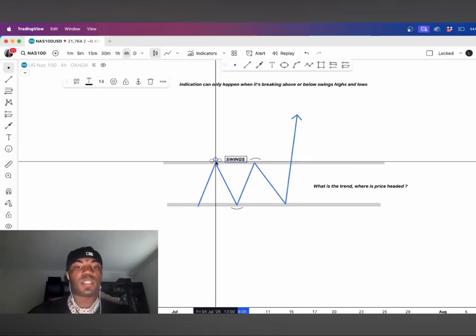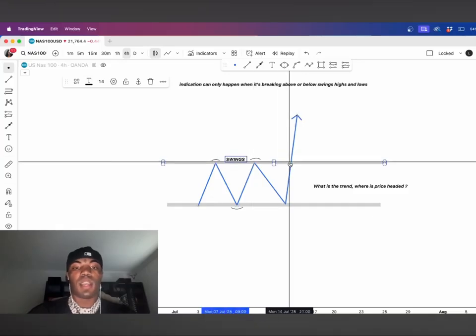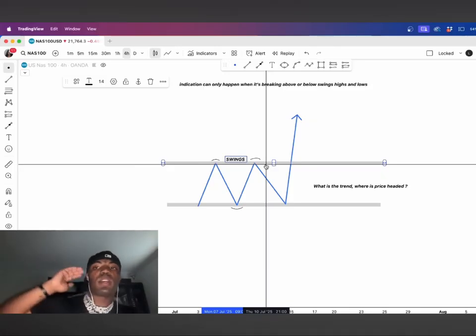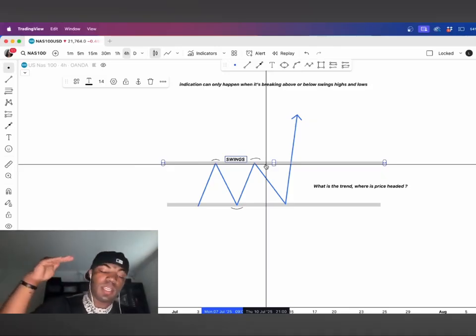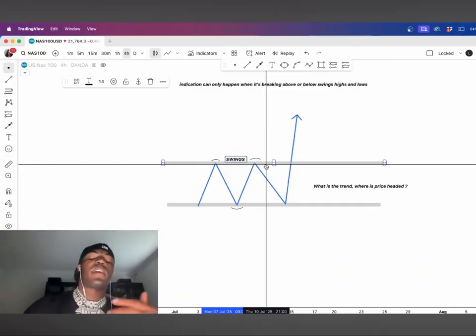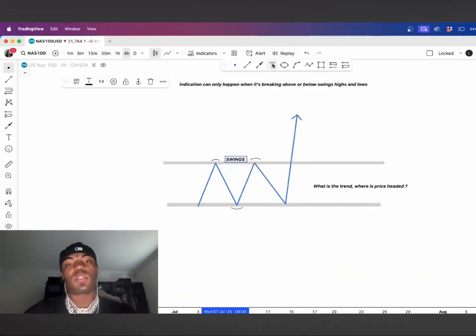We have our swing highs right here. Think of a high as the highest point it can go. If anything goes above those swing highs, then we have new swing highs, and that means we have an uptrend starting, or price has bullish momentum.